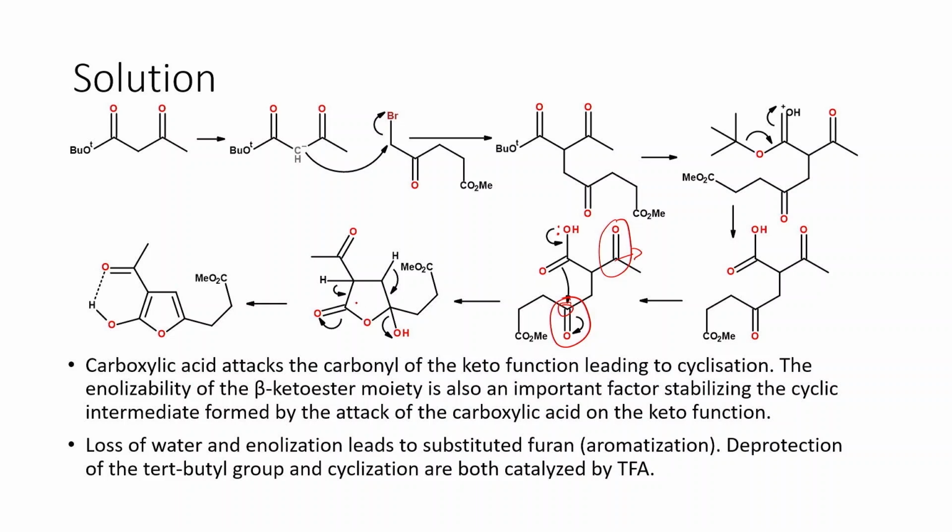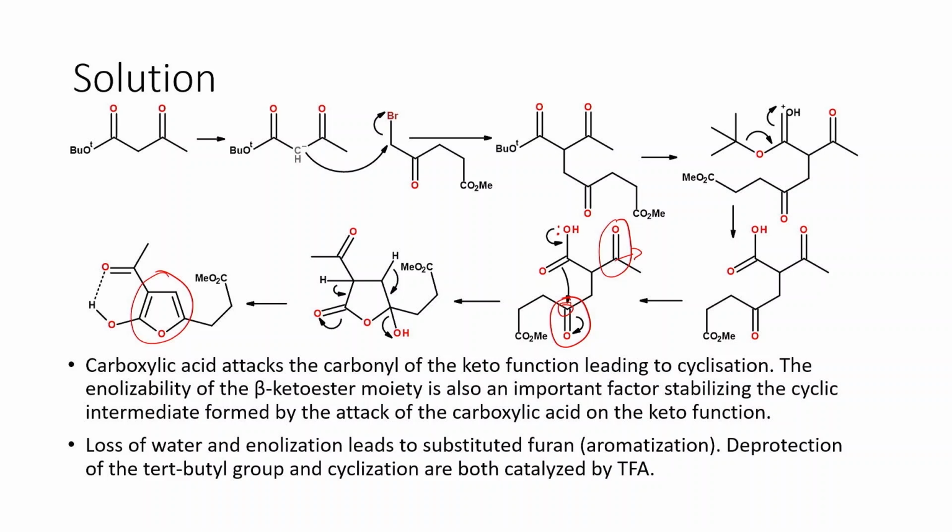That leads to the cyclization as shown here, and with the loss of a water molecule and the shift of hydrogen bonds leads to an aromatic structure. In other words, we are ending up with a furan structure, and moreover there is a weak hydrogen bonding that exists between the acetyl unit and the hydroxy unit that is present here. So this is how the most stable intermediate will be formed in this particular case.